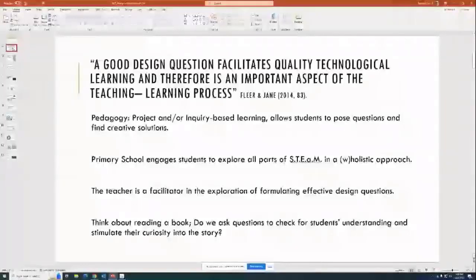So these types of pedagogical approaches allow the student to pose questions and find creative solutions. Okay. Primary school engages students to explore all parts of STEAM in a holistic approach.